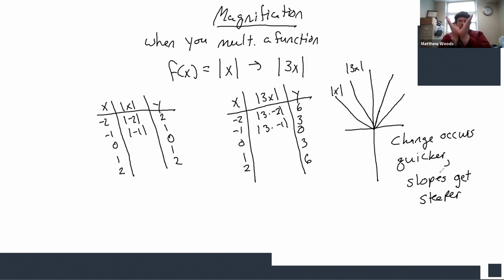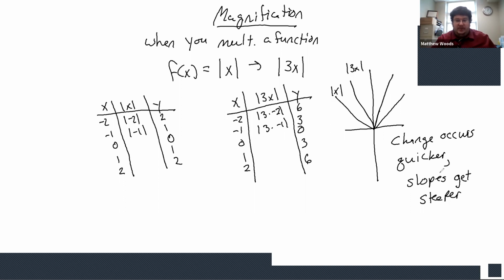So when you multiply a function like the absolute value graph, it's actually going to look like it's shrinking. But the thing is, the changes that are happening between x values are occurring much faster. So that's why it looks like it's shrinking, but it's actually going a lot quicker.